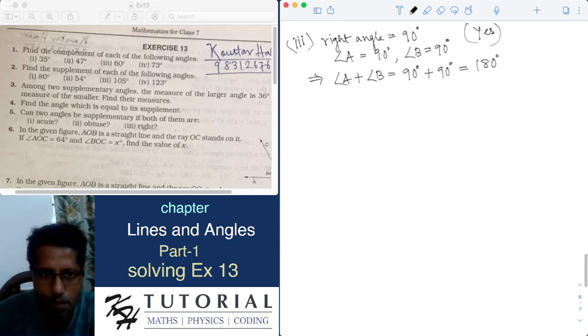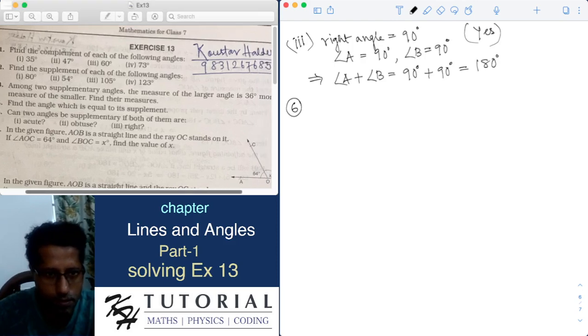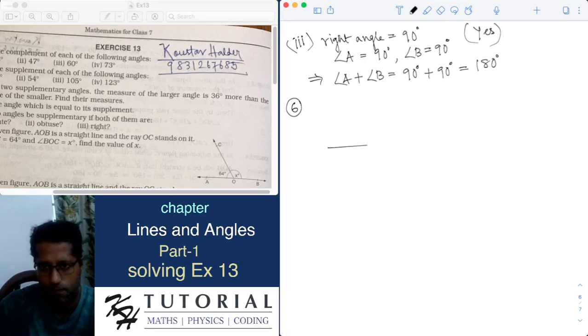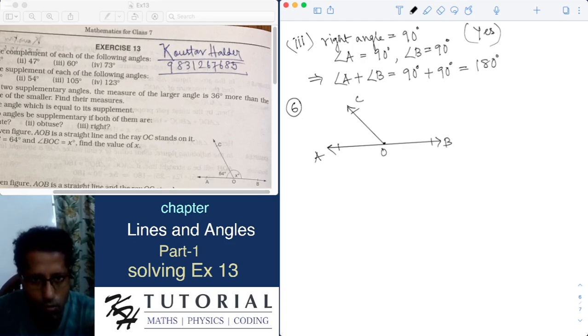Okay, let's do question number 6. In the given figure, AOB is a straight line. So let's draw the figure. There is the line AB, there is a point O, and there is a ray OC falling on the line at the point O. AOB is a straight line and the ray OC stands on it.